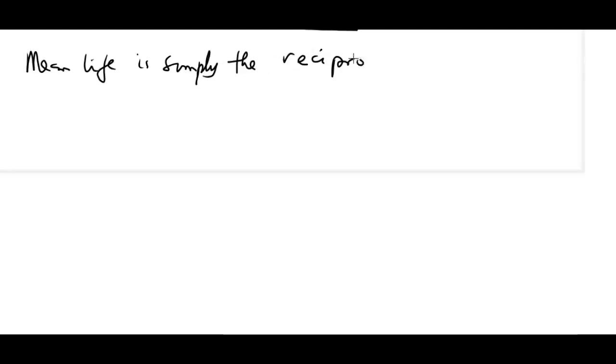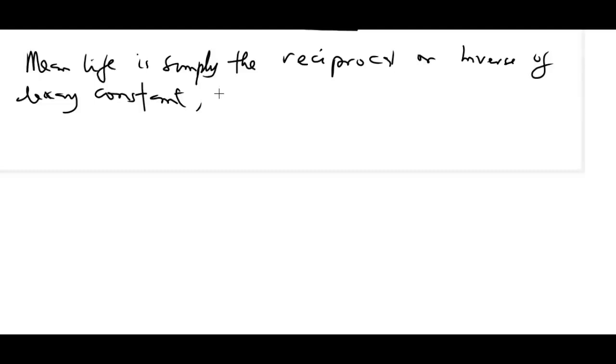So let's move to mean life. What is mean life? Mean life is simply the reciprocal or inverse of the decay constant. And we know that the decay constant is lambda. So now mean life is represented by this symbol, tau. Looks like T. This is tau equals 1 over lambda.